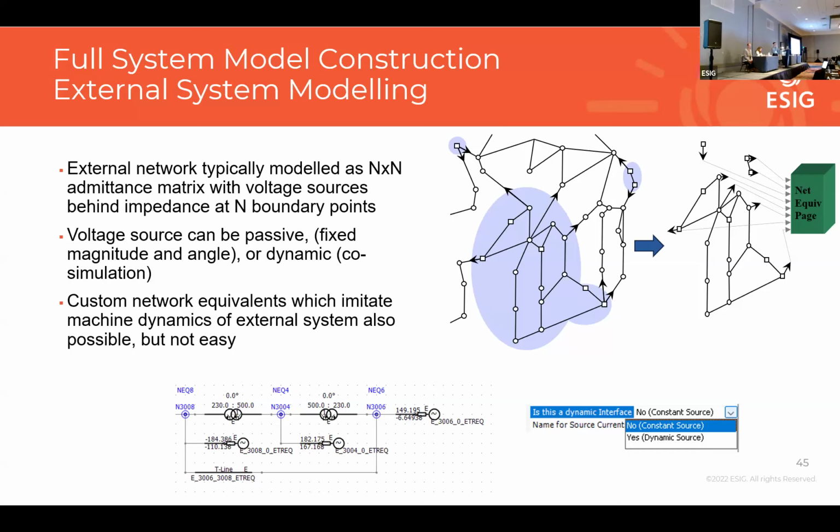We can choose to have that angle fixed, or we can choose to change that angle based on some external simulation. So for example, you could do a co-simulation between a transient stability tool and an EMT program such that the angles of your network equivalent get updated by the combined effect of both simulations running simultaneously, which is what we call hybrid or co-simulation.